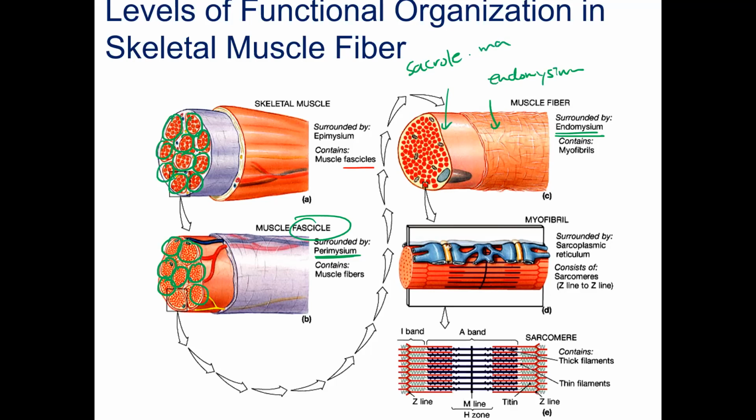Sorry. Sarcolemma. Okay. And you can see the mitochondria here, for example. There's a nucleus here. But all these little red dots that you see, those are going to be your myofibrils. And the myofibrils are surrounded by the sarcoplasmic reticulum.